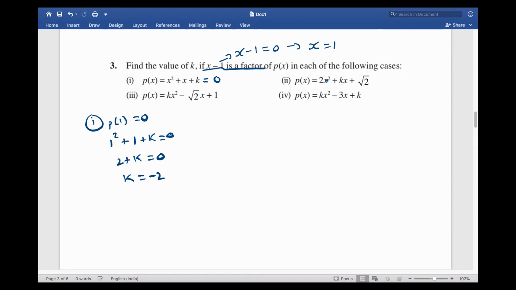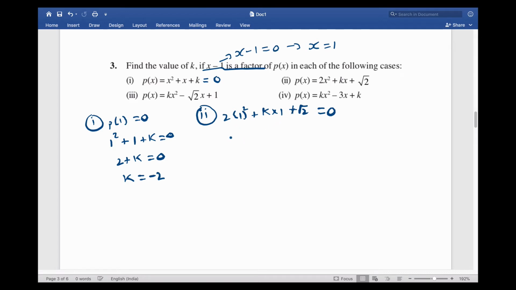The second part, again this should become equal to 0. Let's try. So 2 into 1 square plus k into 1 plus root 2 should give me 0. So 2 into 1 is 2, k into 1 is k plus root 2.